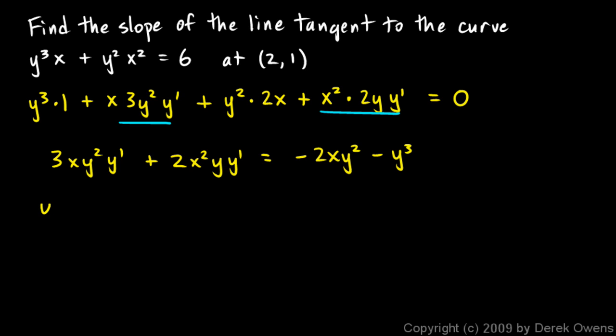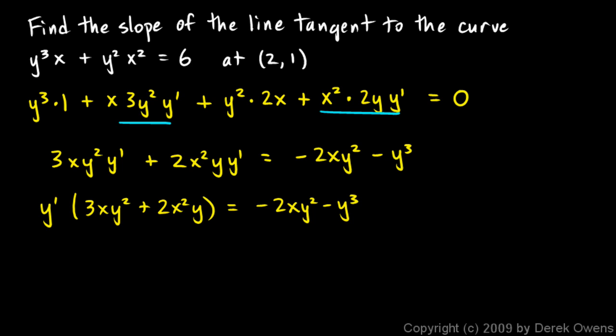And then on the left, we can factor out the y prime. y prime times (3xy squared plus 2x squared y) equals that right side over there. And then I'm going to just divide both sides by this. So that's going to disappear from the left and end up in the denominator on the right. So I'll just put 3xy squared plus 2x squared y down there. And that's y prime.